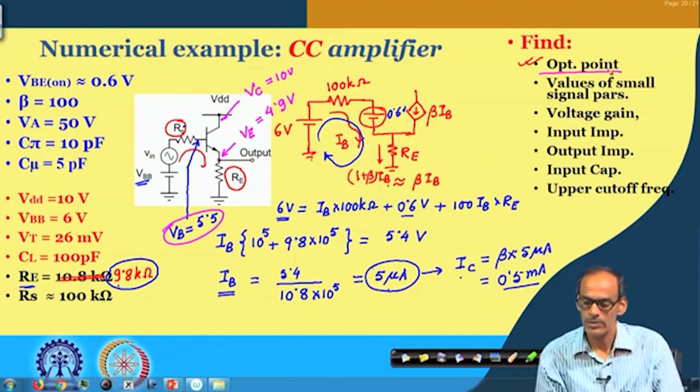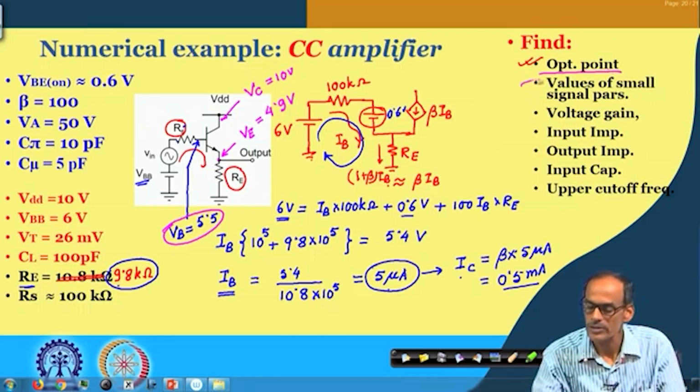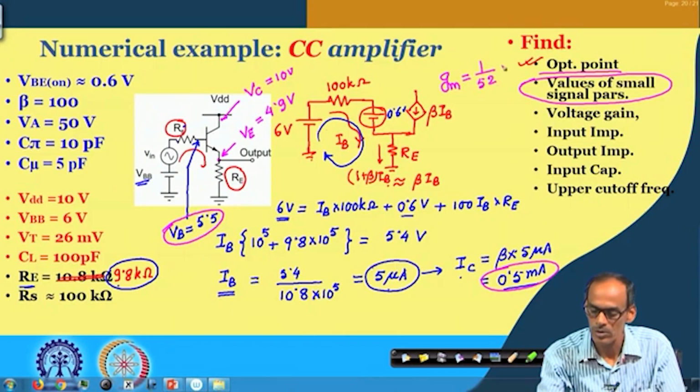So, that gives us the operating point of the circuit. Now, using these values of the quiescent currents and voltages, we can find the small signal parameters, and since the currents, particularly the collector current and base current, are the same, the value of gm remains the same, namely 1 by 52 ampere per volt mho, and likewise r pi equals 5.2 k, and then r naught equals 100 k, right.